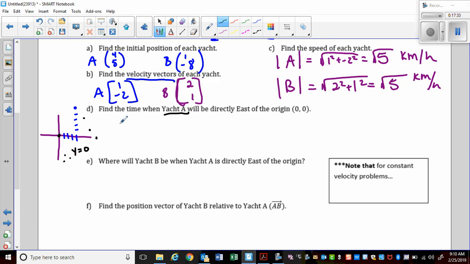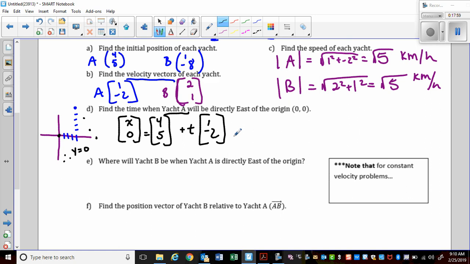Okay. So we're going to say, well, when y is 0, we don't care about the x value, but we're trying to find that. Our initial position is (4, 5) plus time times my direction, which is (1, -2).